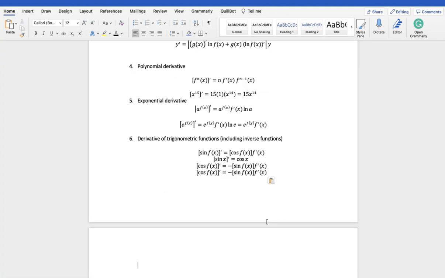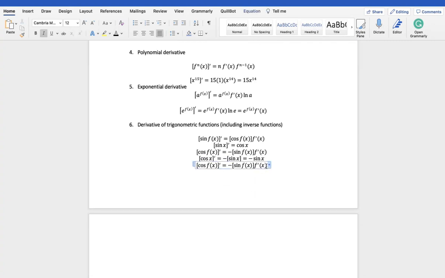In the special case where f of x is equal to x, the derivative of cos of x is negative sine of x multiplied by the derivative of x, which is 1. So this whole thing can just go away, and you have negative sine, which you clearly remember.